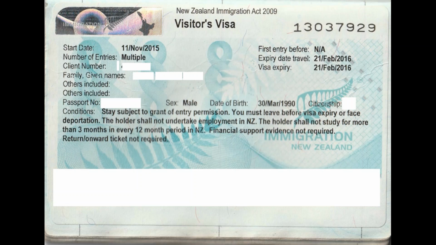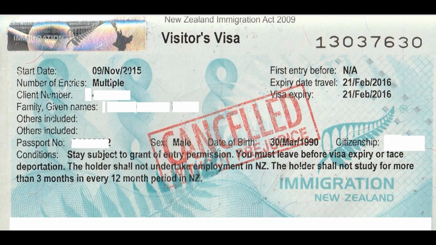So this means you don't need a return ticket from your own country, so you can just buy a single-way ticket to come to New Zealand. But if we compare with the second option, the visitor visa, the condition says stay subject to grant of entry permission, you must leave before the visa expires or face deportation.